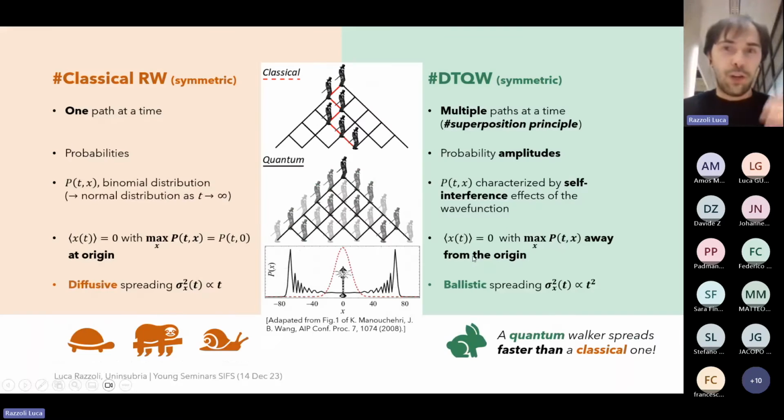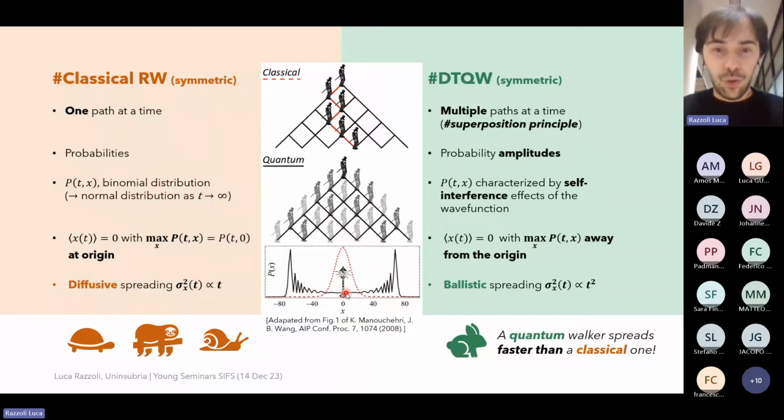If we want to compare classical and quantum walks, now we consider the symmetric case. A classical walker can explore one path at a time, while the quantum walker can explore multiple paths at the same time. A classical walker will be distributed according to a binomial distribution with a maximum at the origin, the initial position.